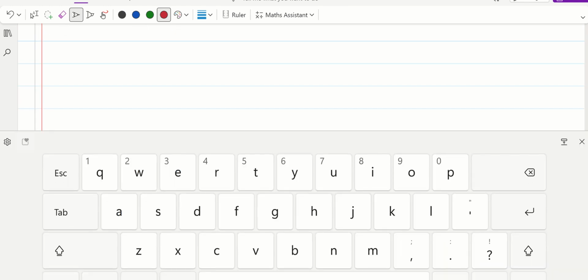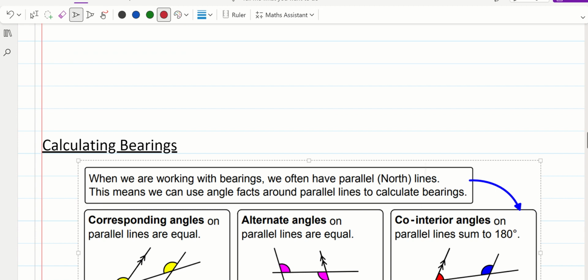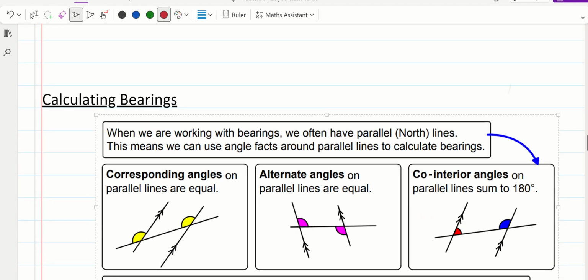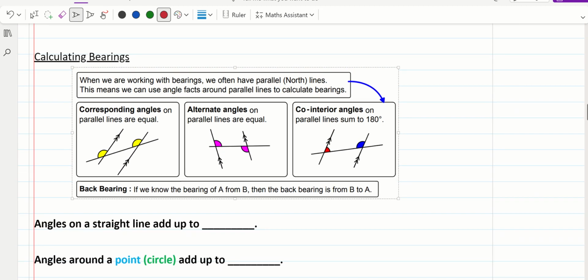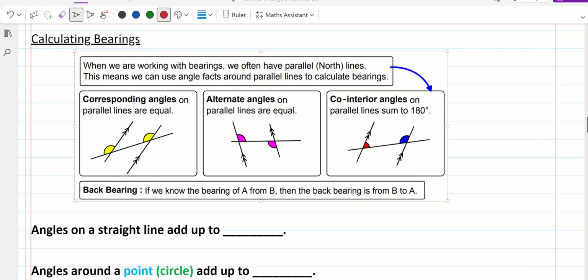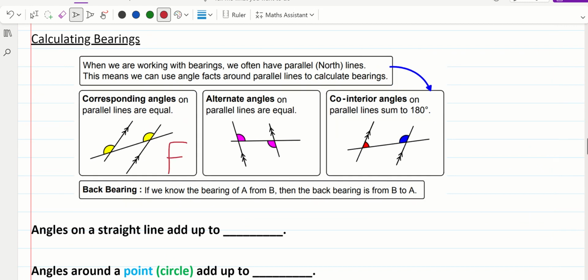Now, when we are thinking of calculating bearings, there are some angle facts we have to remember. So firstly, you remember the corresponding angles, which is the F-shaped angles, and the alternate angles, which are the Z-shaped angles.